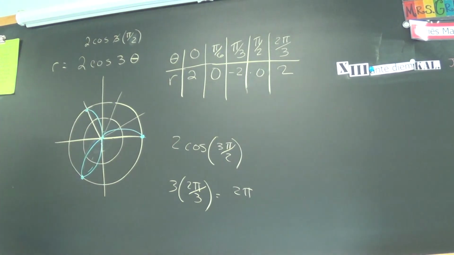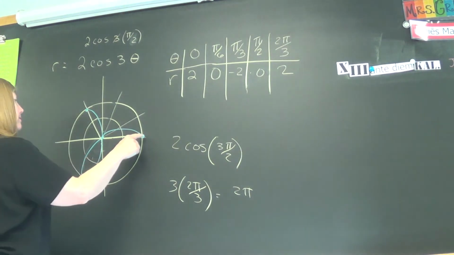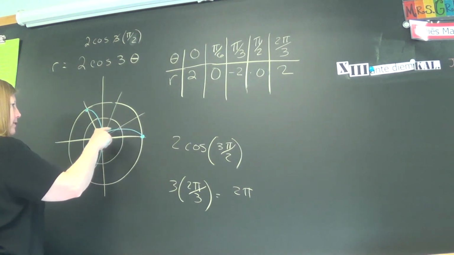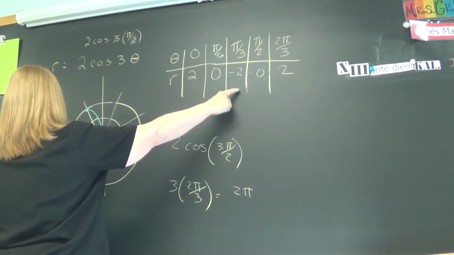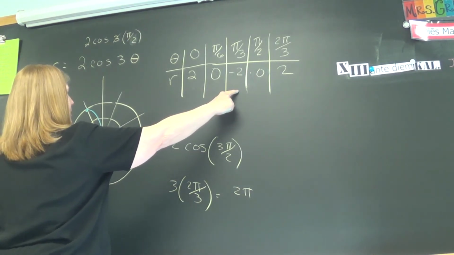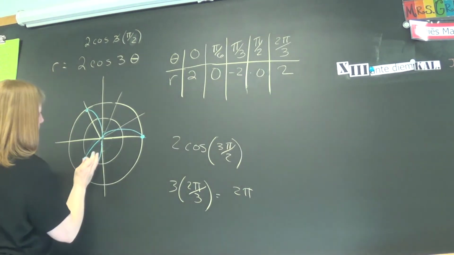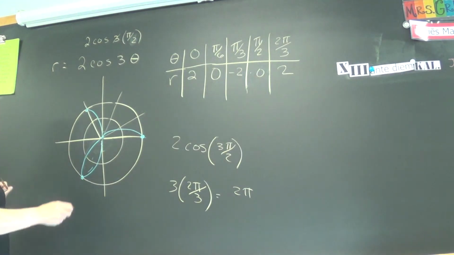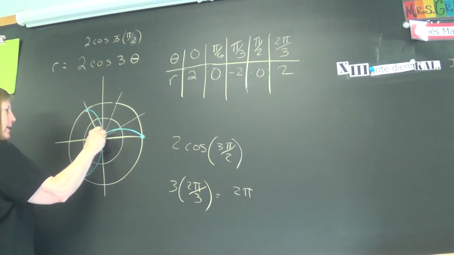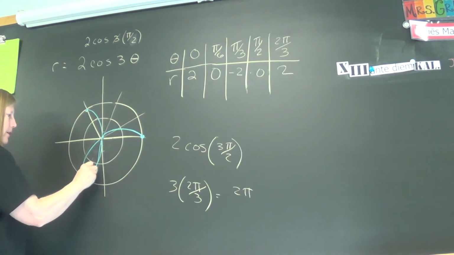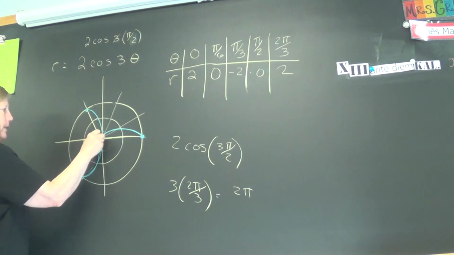I thought we came from the other side. We went from 2 to 0 to minus 2 to 0. So see how I connect it, and that's probably the tricky part right now, keeping it all smooth and rounded.